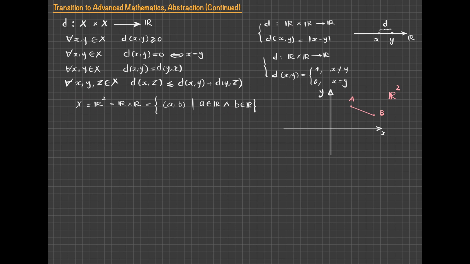So I define a metric d from the Cartesian product of X by itself, but here X is R squared, so R squared times R squared to the set of real numbers R, so that d(A, B) is equal to the most natural distance. That is the difference between x coordinates of these points squared plus the difference between y coordinates of these points squared, and then we take the square root.